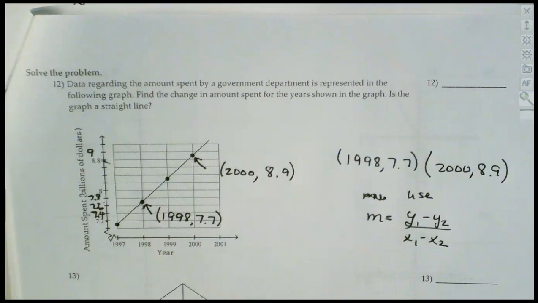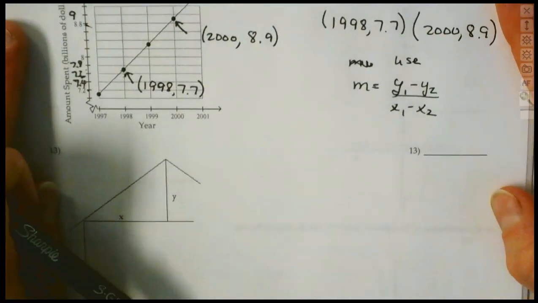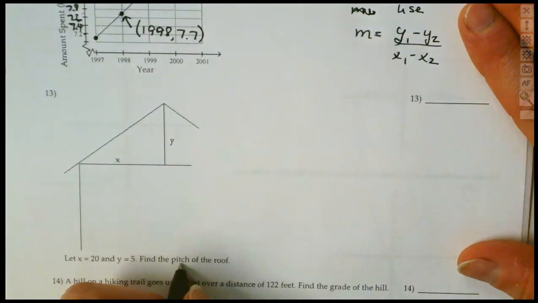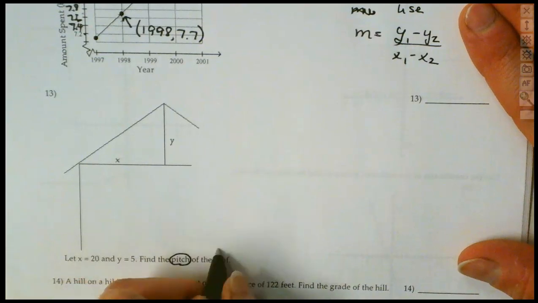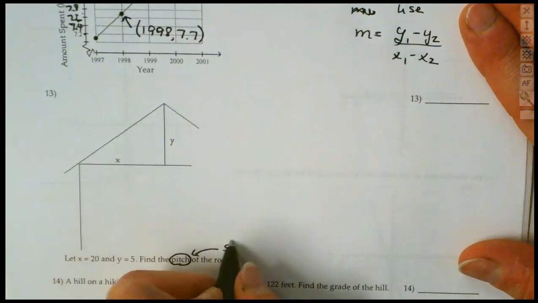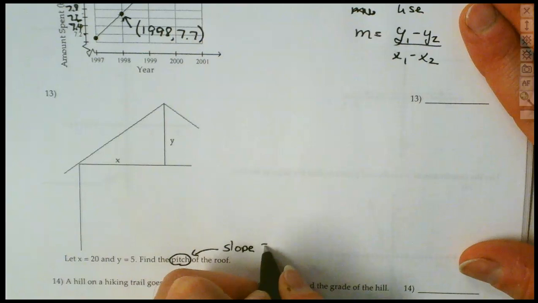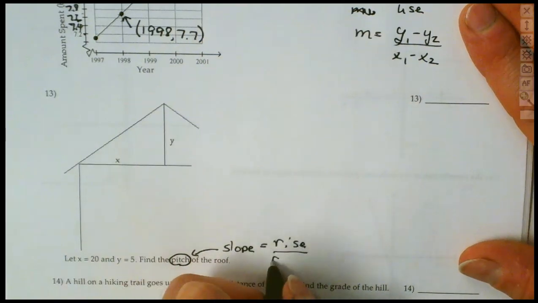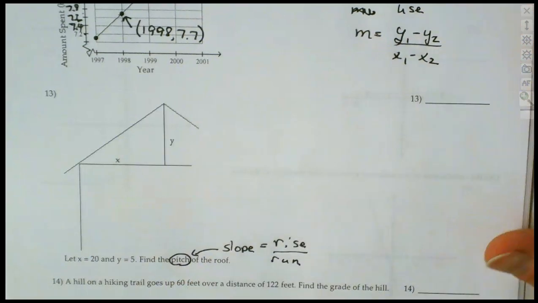Now, what about 13? 13 is the pitch. And remember, the pitch, what does the pitch mean? Pitch means the slope. And that is the rise over the run.